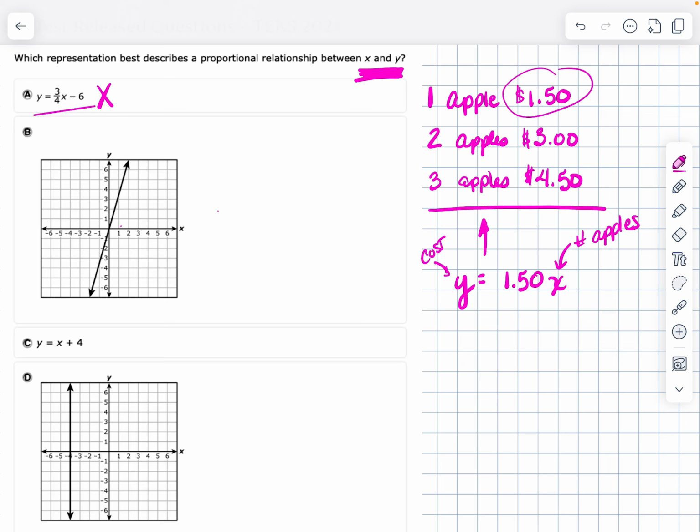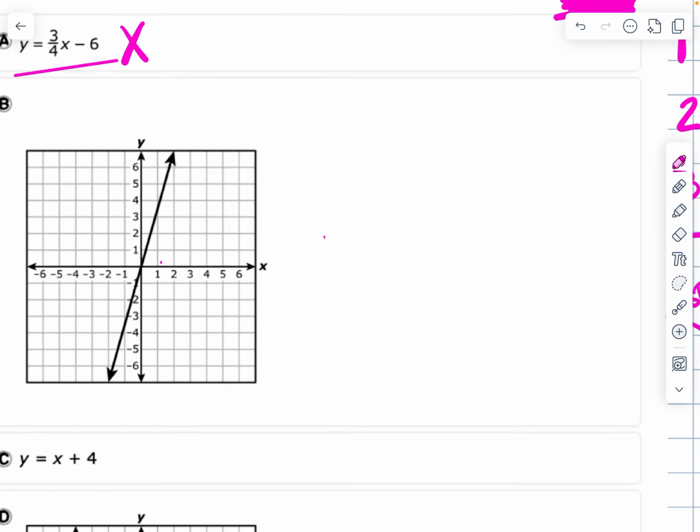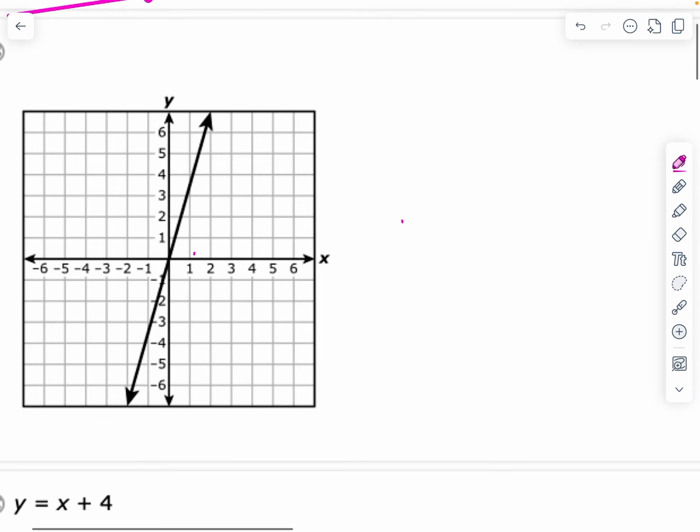Okay, let's look at B and just kind of analyze this one a little bit. So we've got this graph. Let me change colors just because I want to. Okay, so it's going through the origin, which tells me I'm not going to have a y-intercept, right?